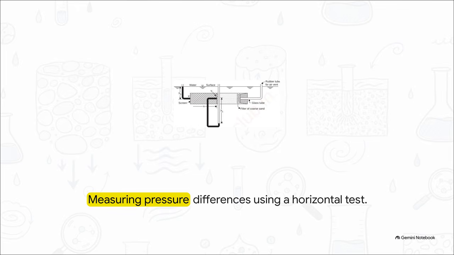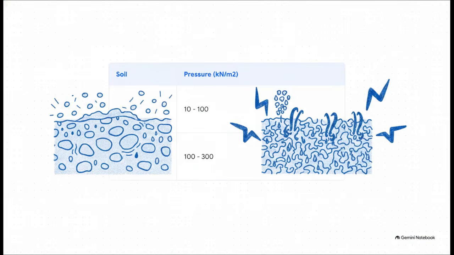They measure the exact pressure difference right at the line of saturation, and that lets them calculate the negative capillary tension holding the water menisci intact. And when they run those calculations, the numbers are just massive. In silty soil, capillary pressure ranges from 10 to 100 kilonewtons per square meter. But in clay, that tension can reach anywhere from 100 to 300 kilonewtons per square meter.